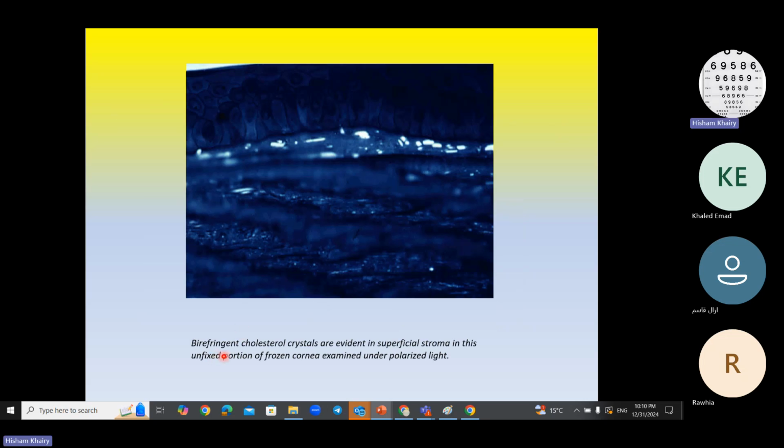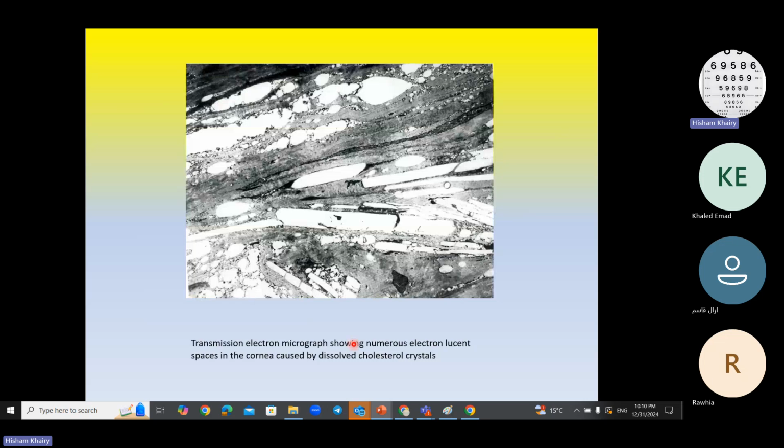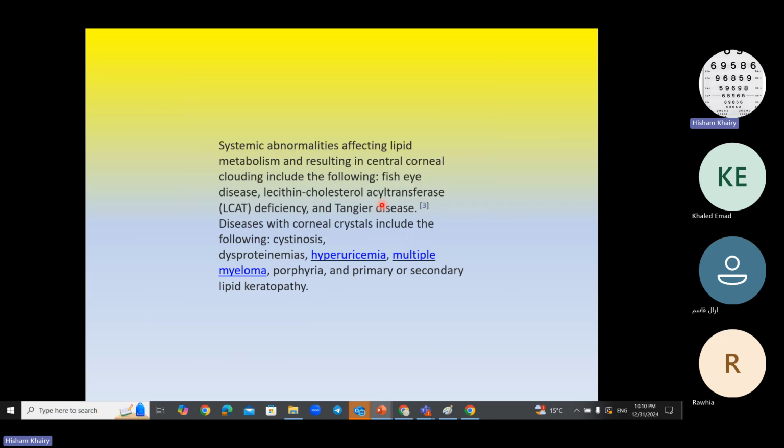With birefringent microscopy, cholesterol crystals are evident in the superficial stroma of frozen cornea examined under polarized light. Here, transmission electron microscopy shows numerous electrolucent spaces in the cornea caused by dissolved crystals.